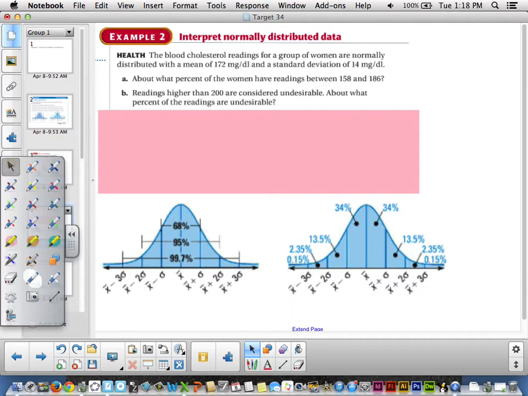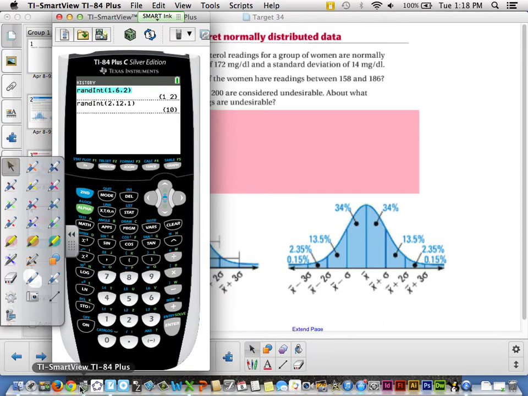Well, if you take a look, the average is 172. You take our 172 minus 158. That's 14. The standard deviation is 14.